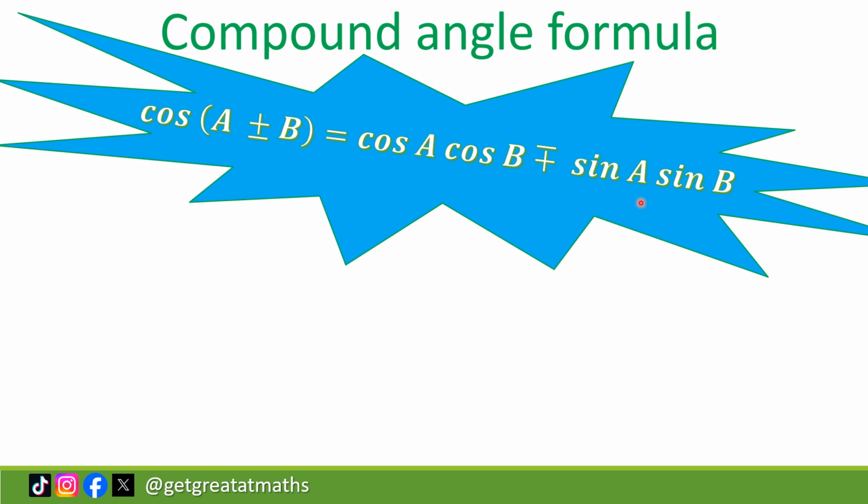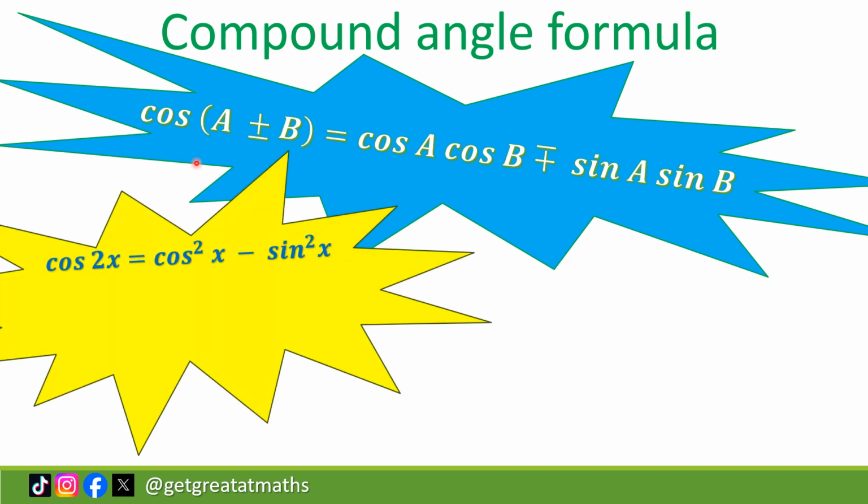Now from this compound angle formula, we can create the double angle formula for cos 2x. If I replace A and B both with x, I get cos of x plus x, which is cos of 2x. So cos of x cos x is cos squared x, and sine x sine x is sine squared x, which is where cos 2x equals cos squared x minus sine squared x comes from.